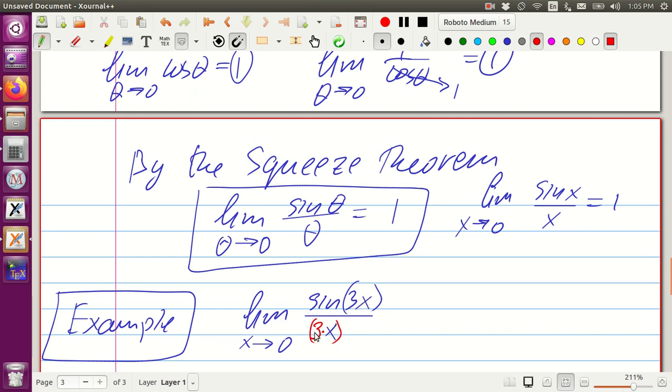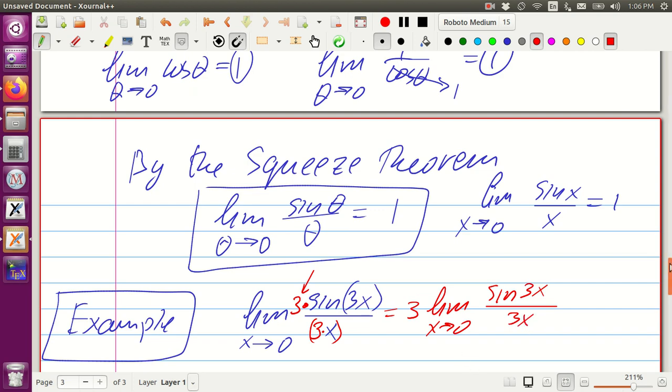But if I wrote something in the denominator, I have to write the same thing in the numerator. According to the rules of the limit, 3 can also be moved up front. So we'll have 3 times the limit as x goes to 0 of sine of 3x over 3x.